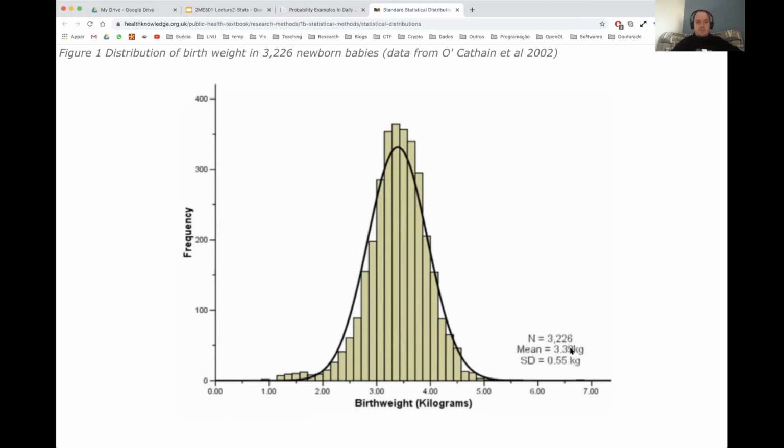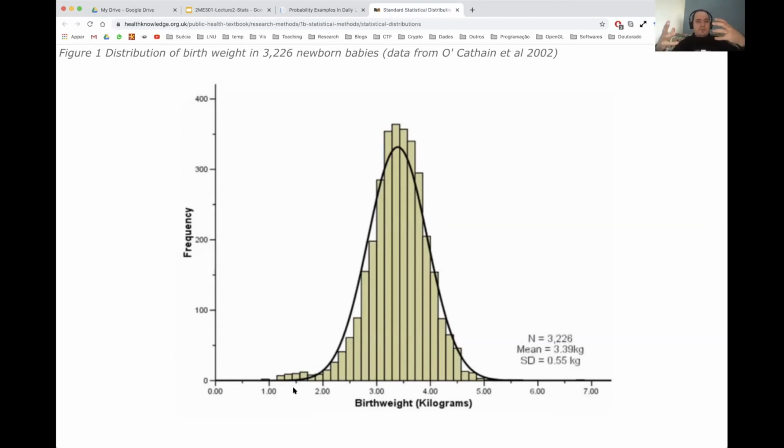So you can see that actually the standard deviation is not that big, right? The data doesn't vary that much. On average, the values are 550 grams away from the mean. Of course, there are outliers that are very small. Of course, there are outliers that are very large or very heavy.